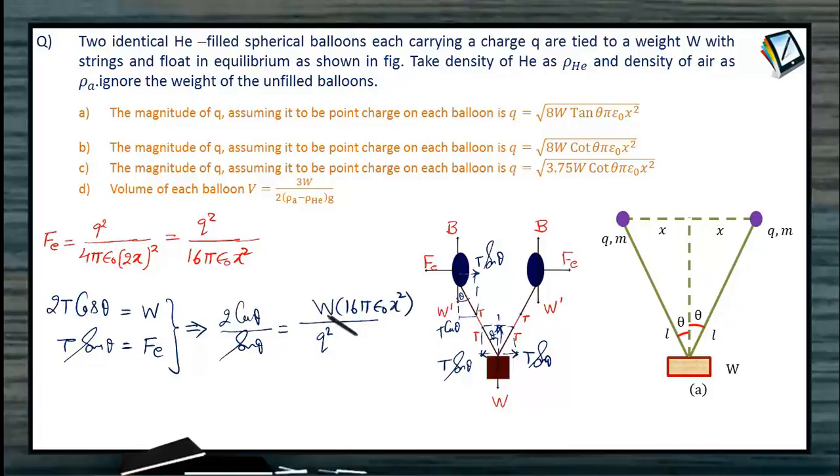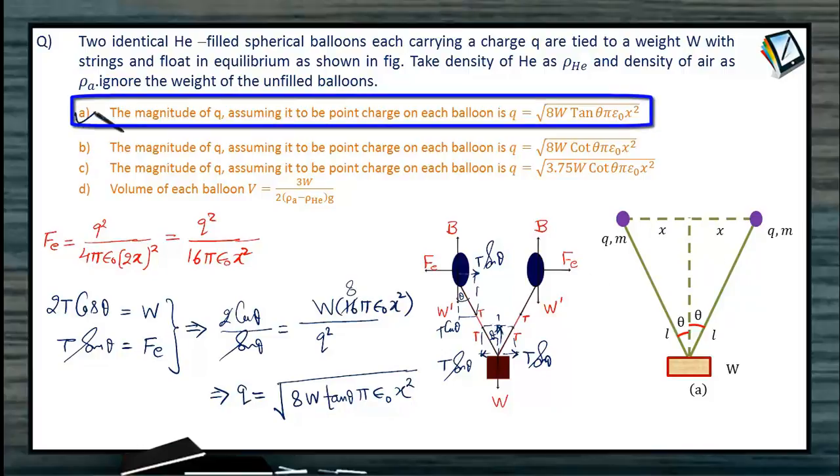So Q can be written as the square root of 8W, and sin theta upon cos theta becomes tan theta. Putting it in terms of tan theta, with pi, epsilon naught and x square, where 2x is the distance between the charges, the first option will be the correct option to this question.